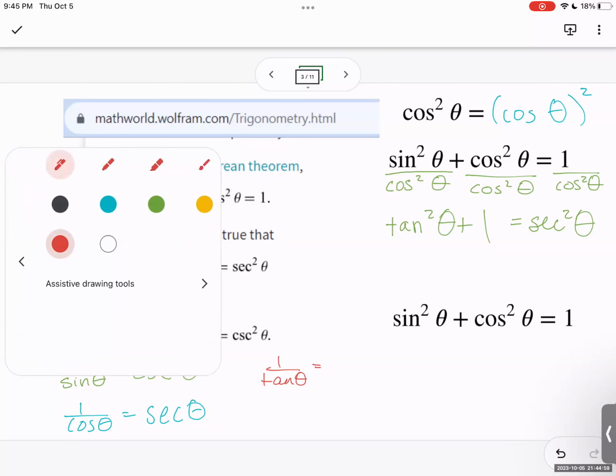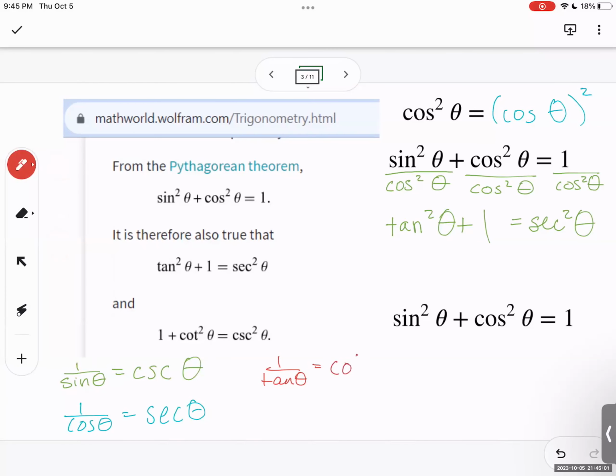And 1 over tangent theta is cotangent of theta.